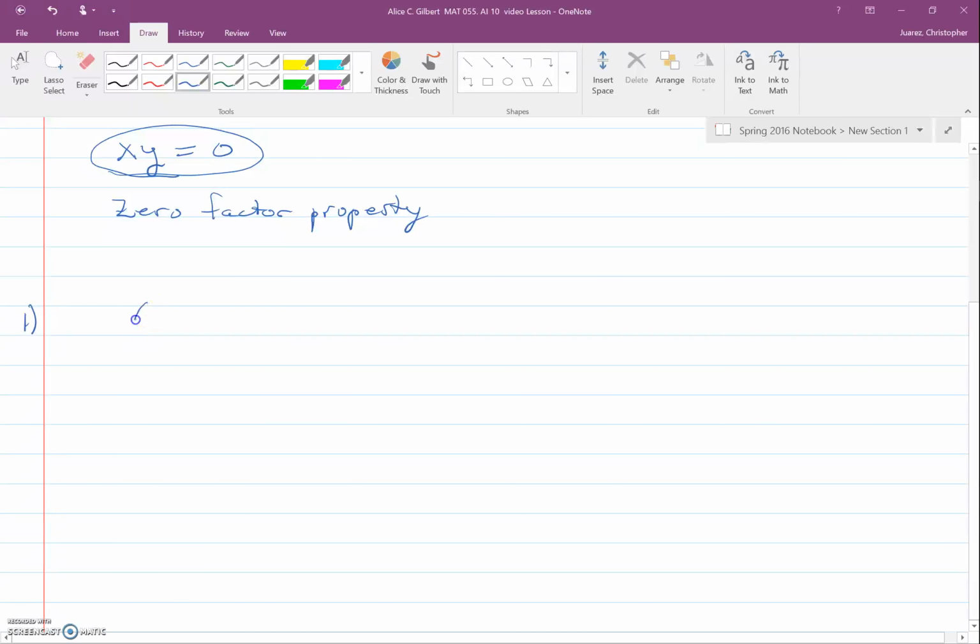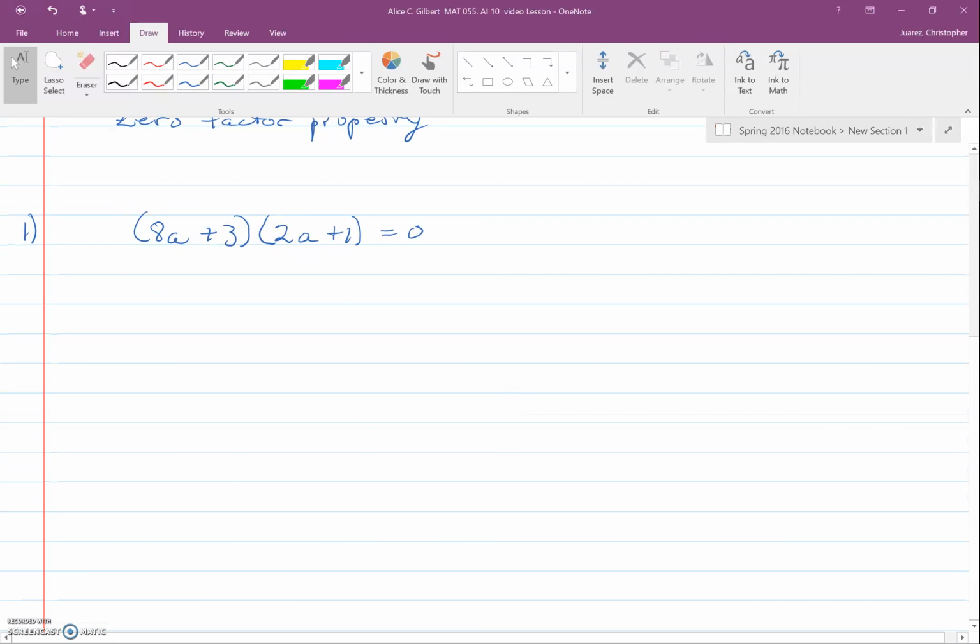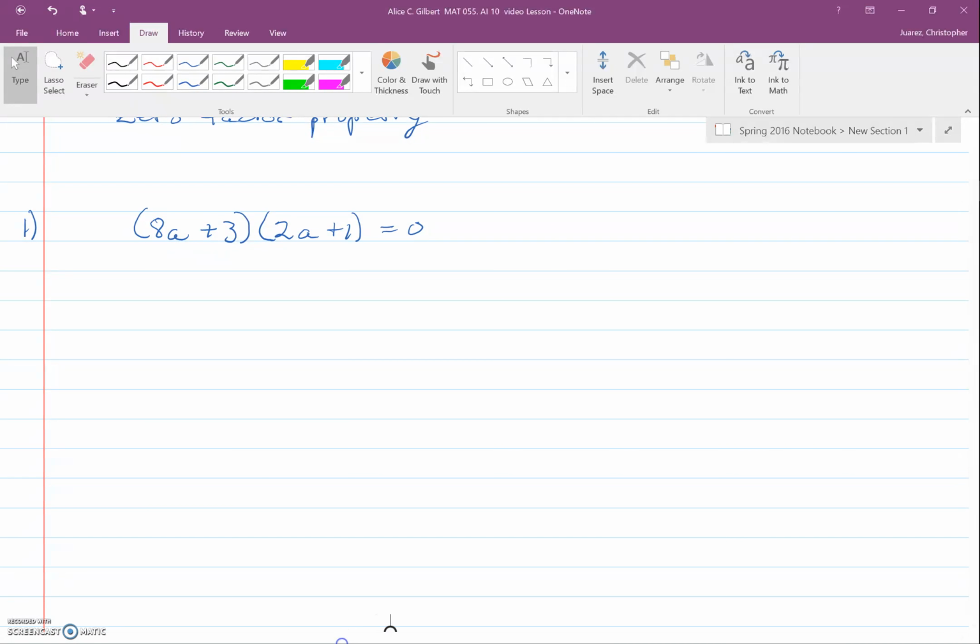So our first example is actually already in factored form for us. These are already factors. Half the work's already done. All I need to do is notice that this is in factored form.